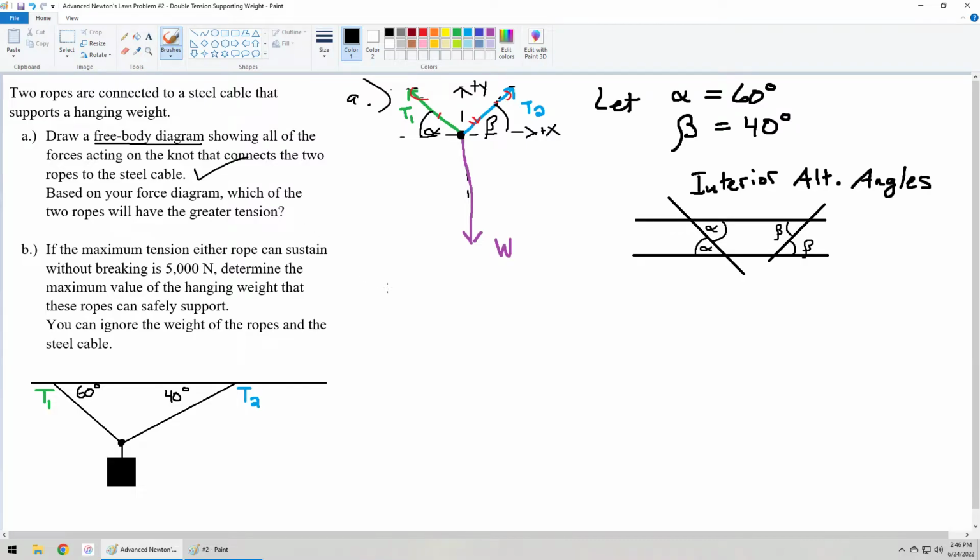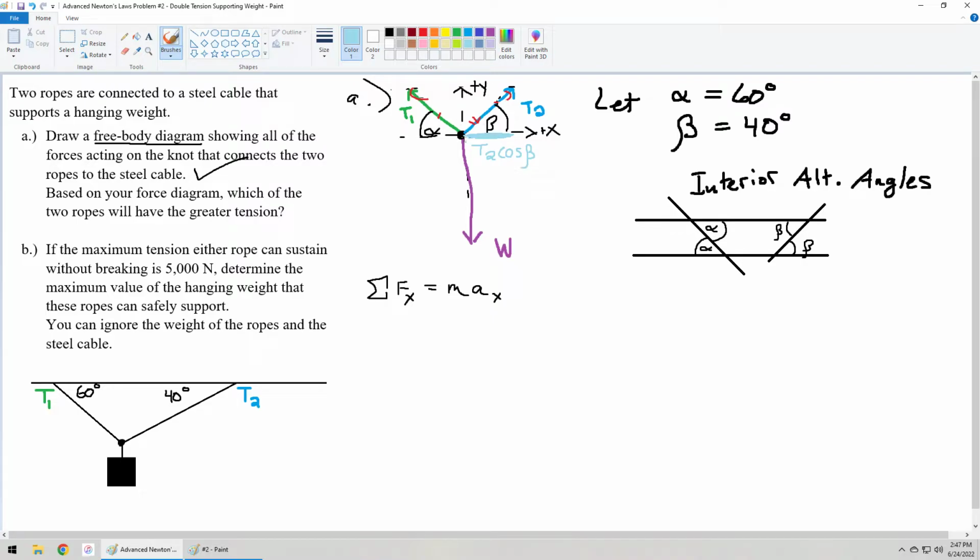Let's use the familiar sum of forces equals ma. And I'm going to look at this in the horizontal direction. Okay, so essentially this would be the proper equation that we would be utilizing here. So what are the forces in the x direction? Well, if I draw them in light blue for T2, for the positive direction, I have this leg of the triangle that points in the plus x direction, which would be T2 cosine of beta.